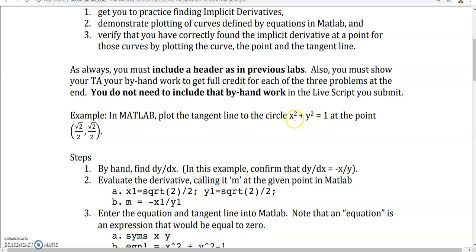Now I'm going to send this 2x to the right hand side with a negative sign, and the twos cancel out.